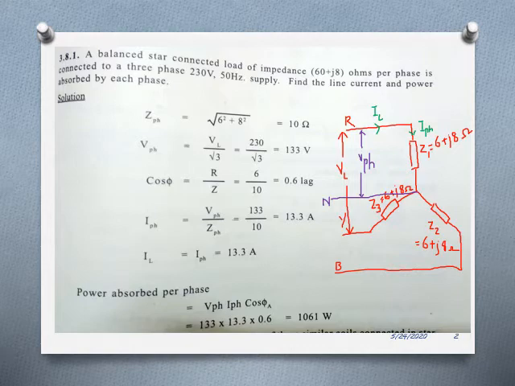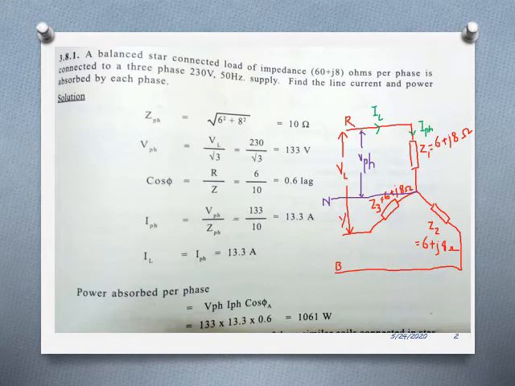Because in the question it is given in the form R plus jXL, the imaginary term is positive, which means it is inductive reactance. Therefore it is a lagging power factor. If it was negative, then it would have been capacitive reactance, and the power factor would have been leading.